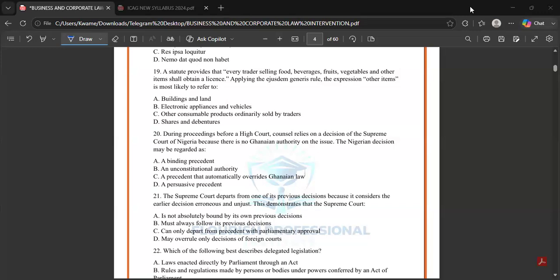I suggest C, other consumable products ordinarily sold by traders.